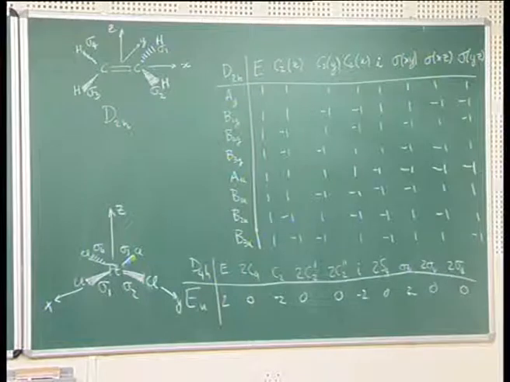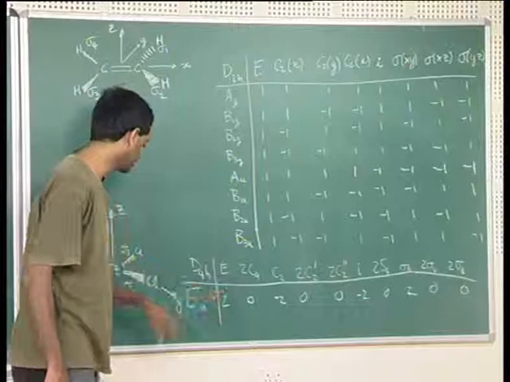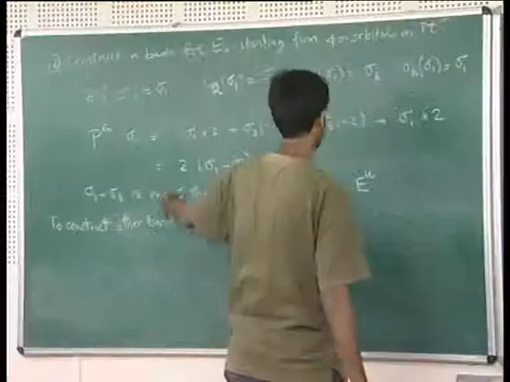Now if you operate sigma 1 minus sigma 3 by E, you will end up with sigma 1 minus sigma 3.